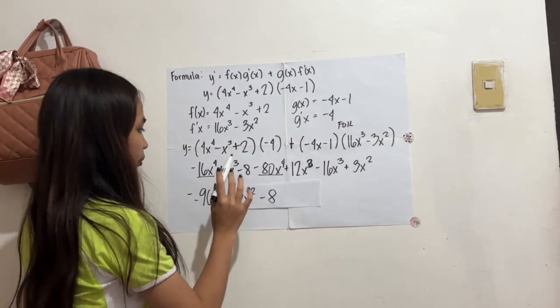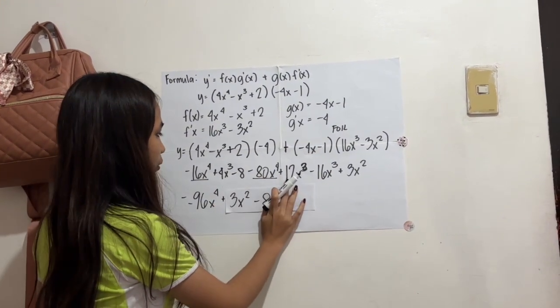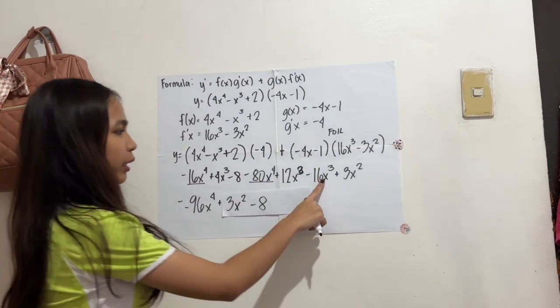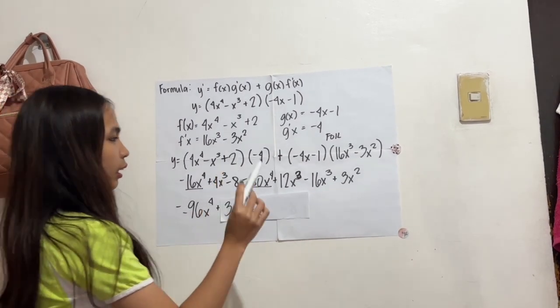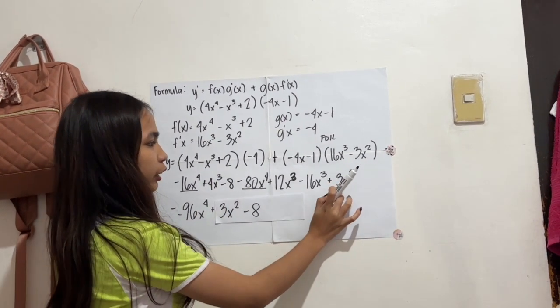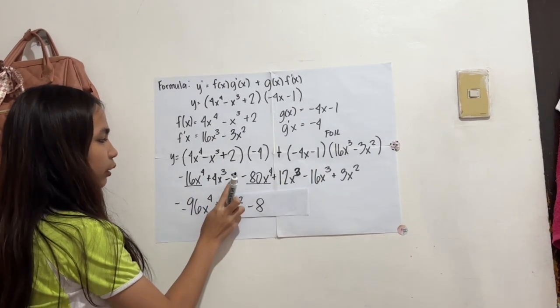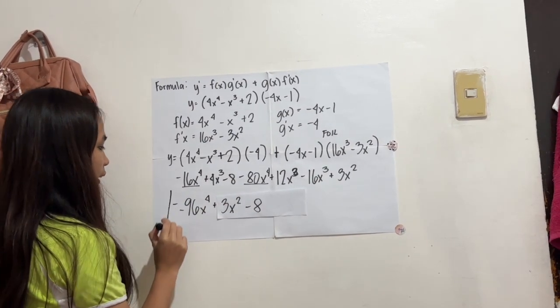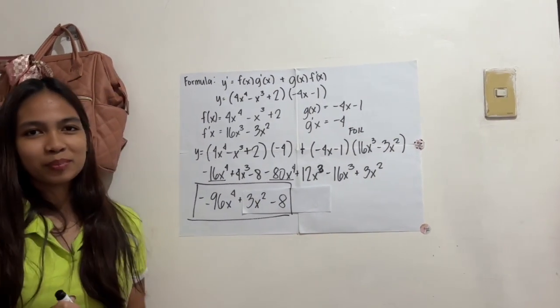And dito rin, positive 4 and positive 12 is equals to 16. Minus 16 is equals to 0, kaya hindi na natin siya isusulat. Next value is itong 3x squared and yung constant na value natin, yung negative 8. Ito na yung magiging final answer.